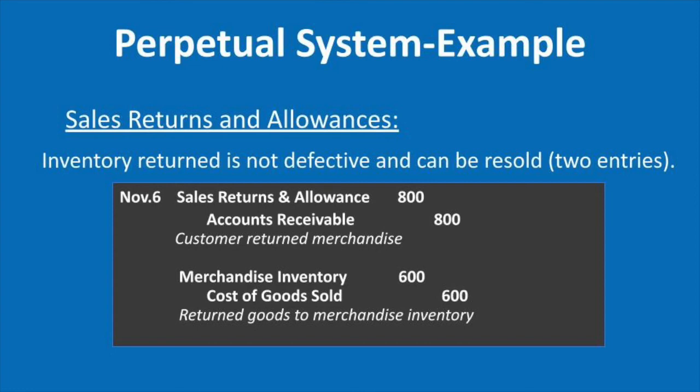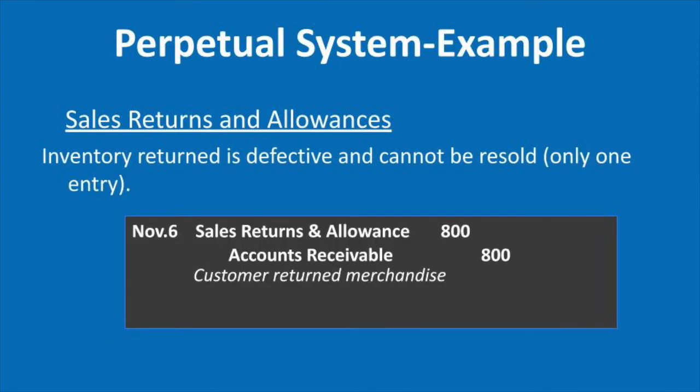And this would effectively return the merchandise to a saleable condition. Sales returns and allowances: if the inventory returned is defective and can't be resold, in this particular instance, sales returns and allowances will be debited and accounts receivable would be credited. So the customer effectively would get their money back, or the credit would be written up.